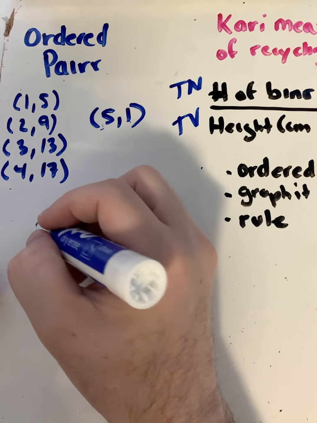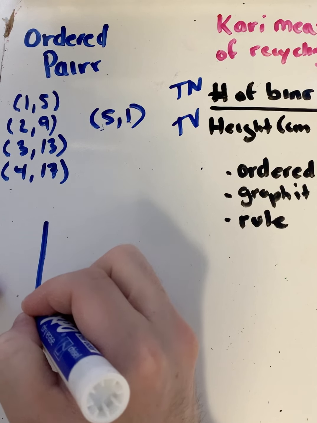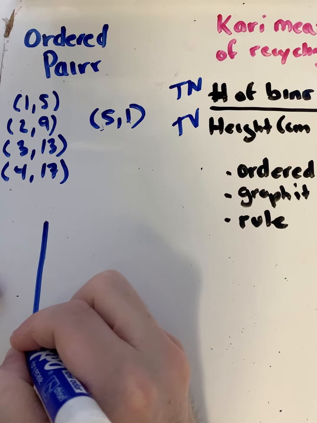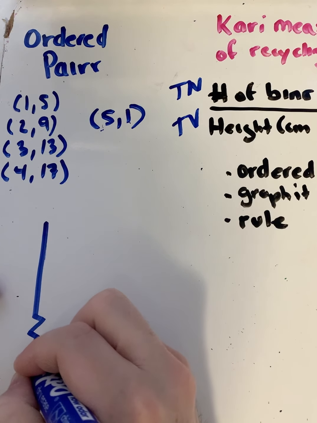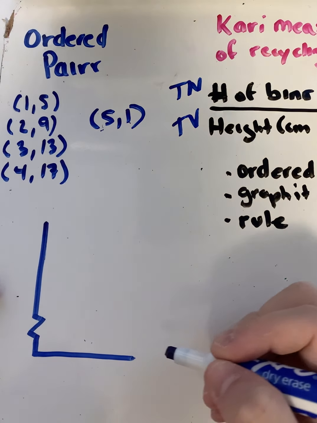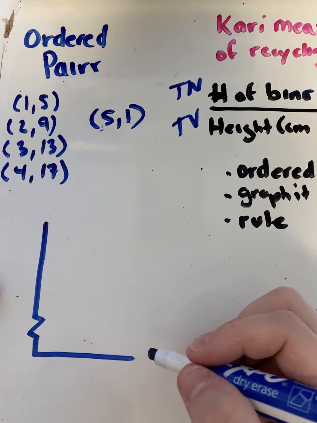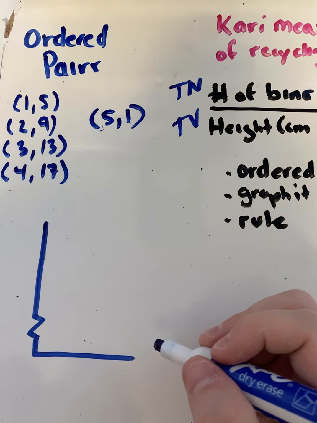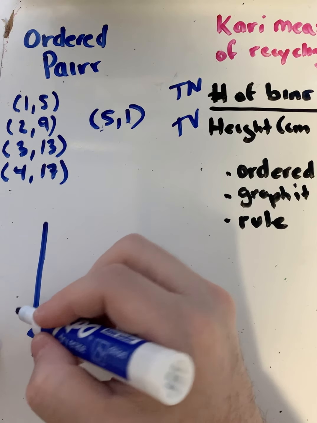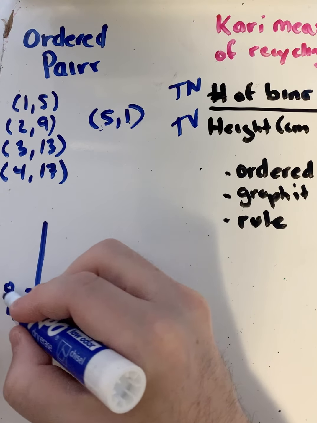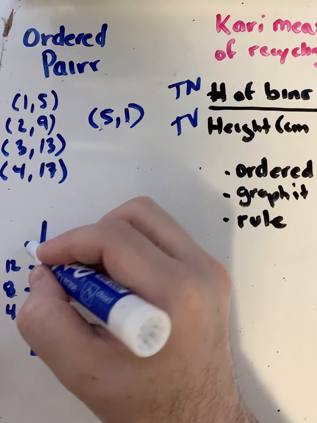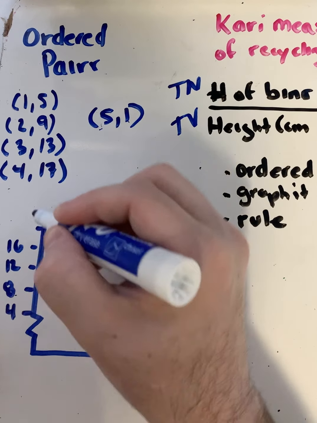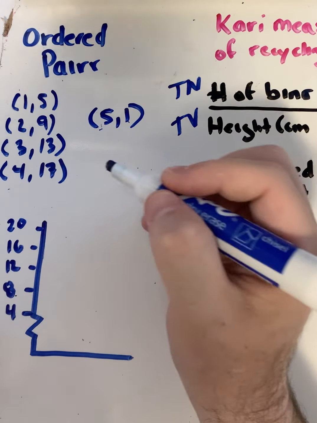Then I asked you to graph it, so we'll just do a quick graph, and we'll start at, what should we go up by? Probably start at 4 and go maybe up by 8. It doesn't matter what you went up by, as long as you went up by the same amounts.